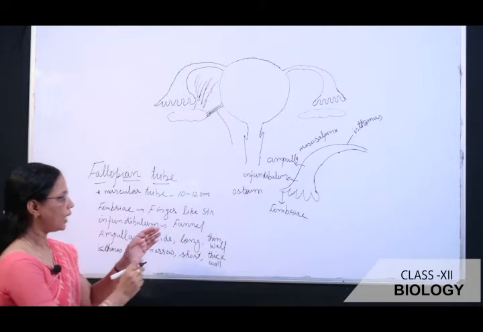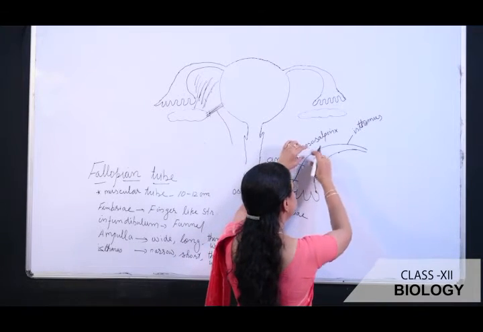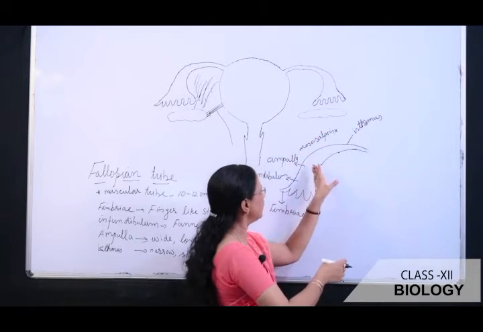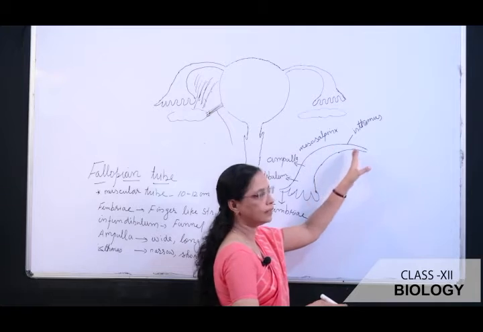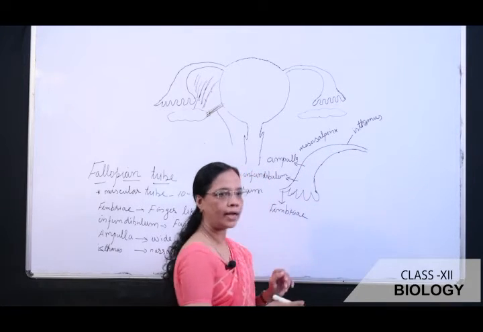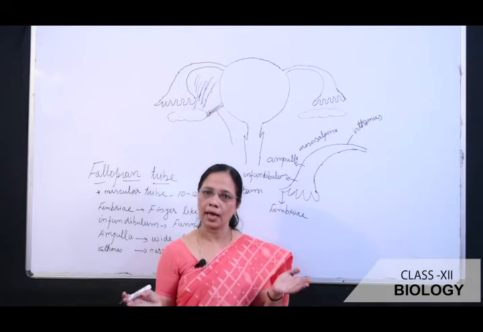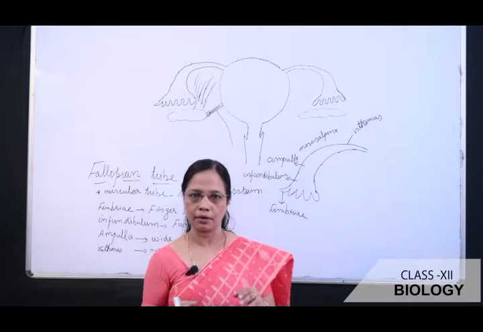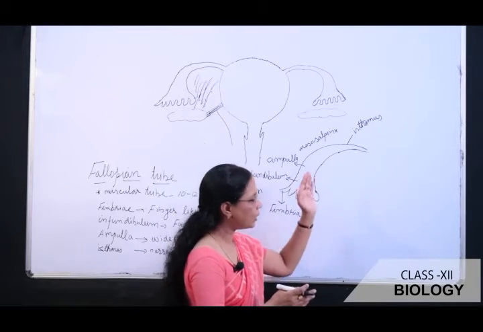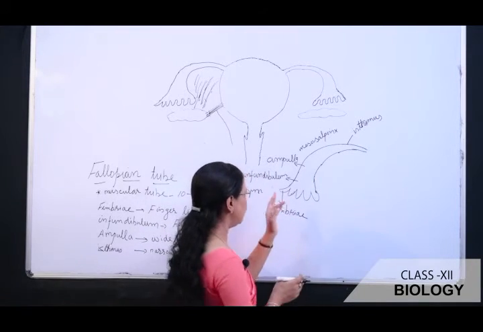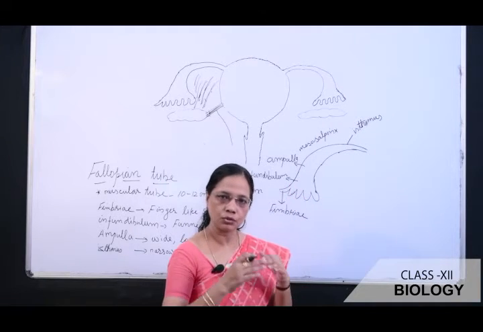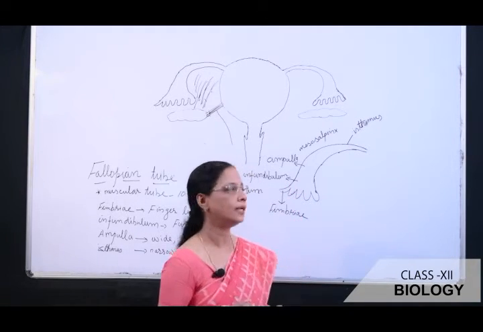Now here you can see cilia present in the fallopian tube. Why? Because the egg does not have its own motile organ. So the movement of the egg is supported by the cilia.